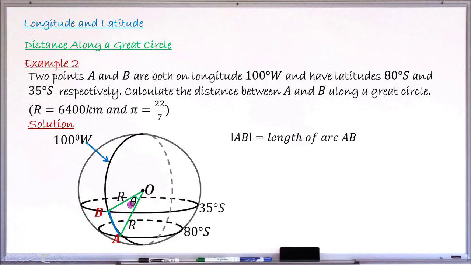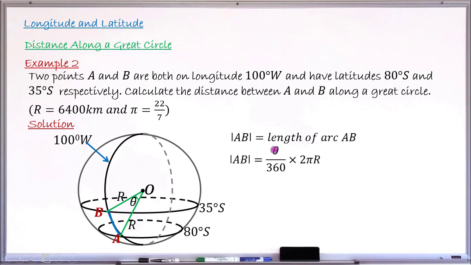That arc subtends an angle theta, and the radius of that longitude is not the same thing as the radius of the Earth. So let's write down the formula. The formula for the length of arc AB would be theta over 360 multiplied by 2 pi r.